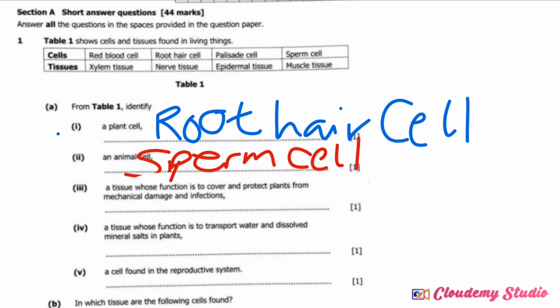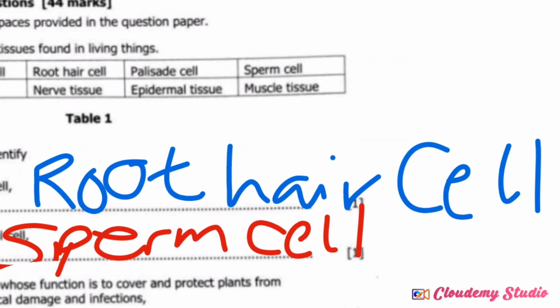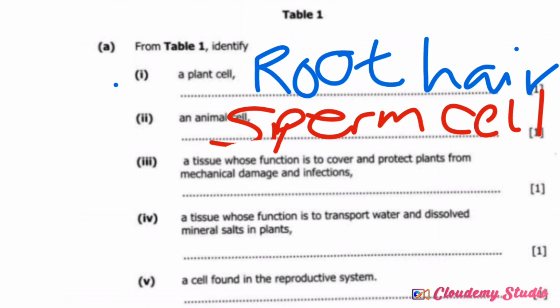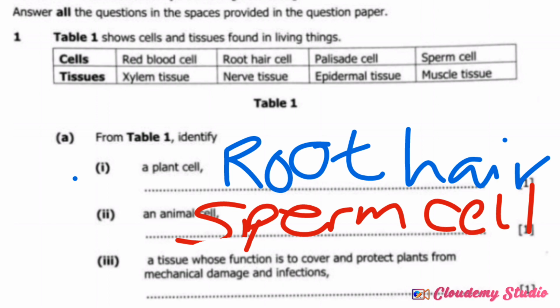The next question, a tissue whose function is to cover and protect plant from mechanical damage and infections. Here they are not asking about cells, so meaning ignore the table of cells. They are asking about a tissue which is used to protect and cover the plant from mechanical damage. So we are only going to consider these tissues which are down here, and not those cells up there.